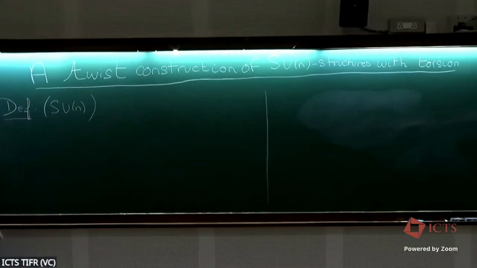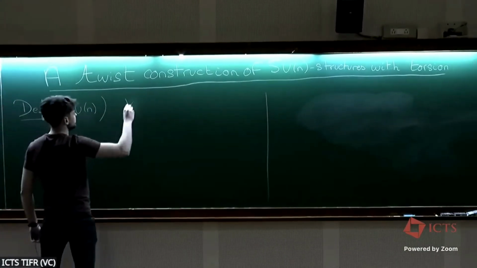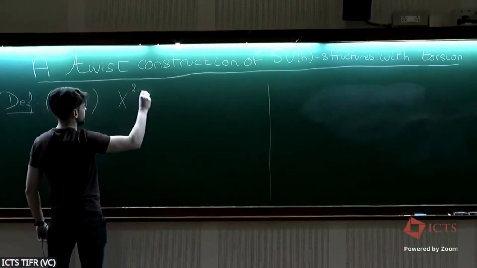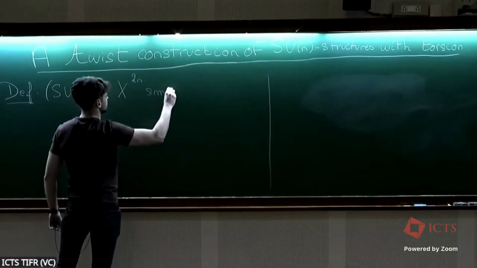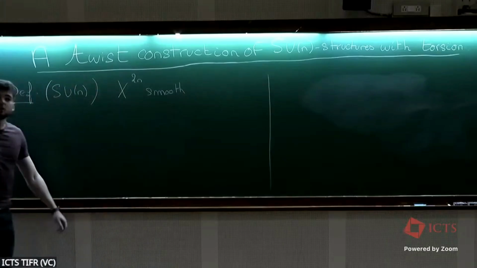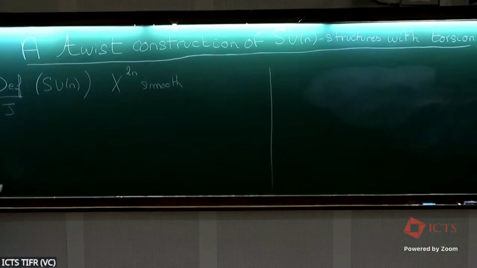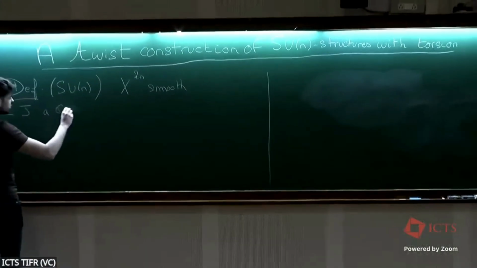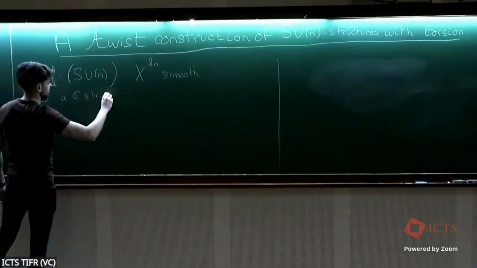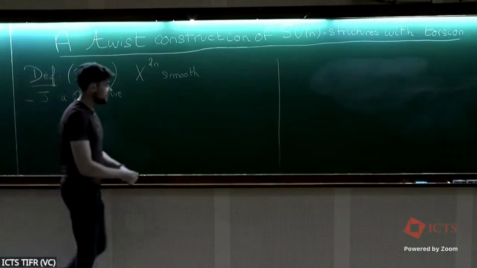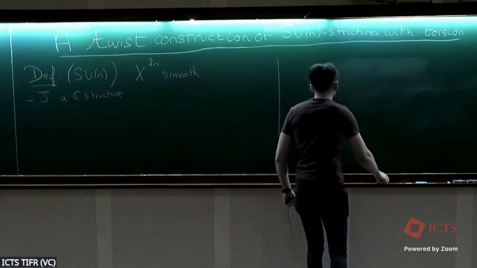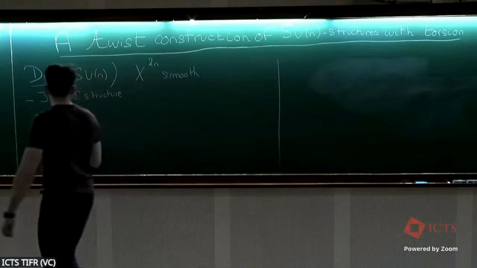Basically, I start with a smooth manifold of dimension 2m, and I have several data on it. The first one is J, which will be an almost complex structure, and I really insist on the fact that my complex structure is only almost.